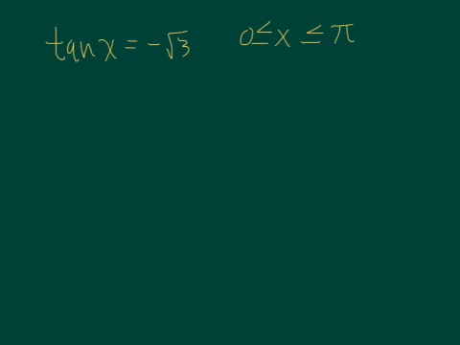This problem is interesting to people because there's an interval here, and they're like, what? What's that for? And I'm telling you that you're trying to find the value of x within this given domain. So if I give you this range of numbers, you're trying to find x, which is some angle, obviously.